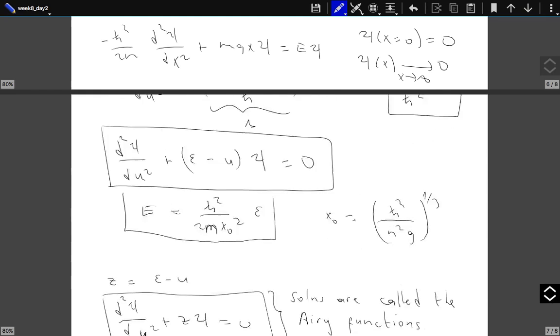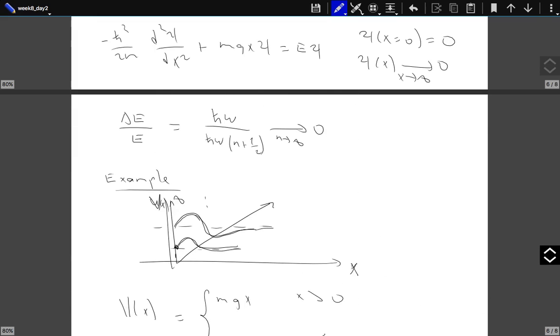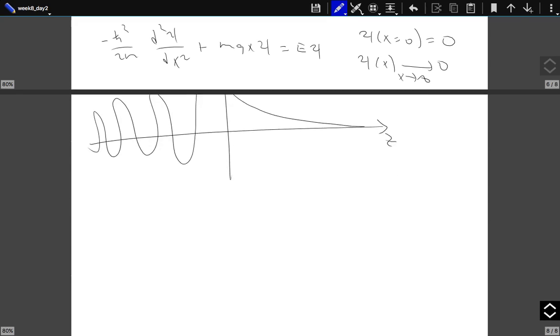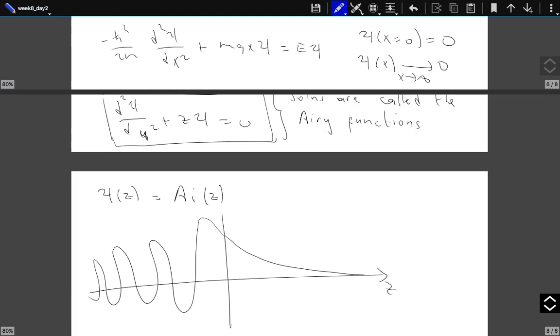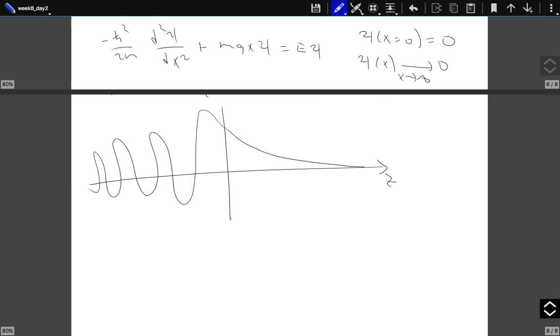Well, that is kind of what we expect from our general solution. You see, in the classically allowed region, we want some oscillations. In the classically forbidden region, it should go to 0. Now then there is, of course, the question, well, this is just one solution. We have to find all the eigenvalues and eigenfunctions. There should be many of them, not just one. But you see, this is psi of z.